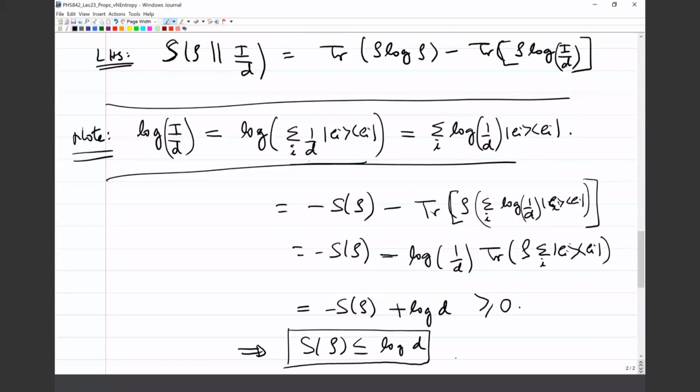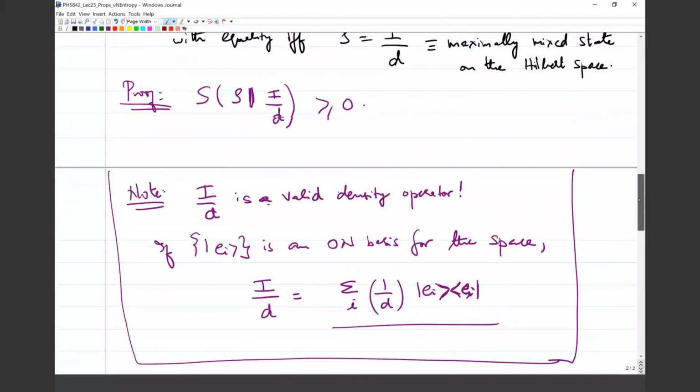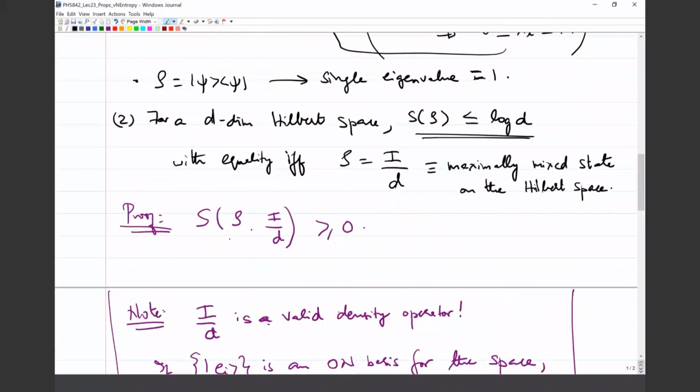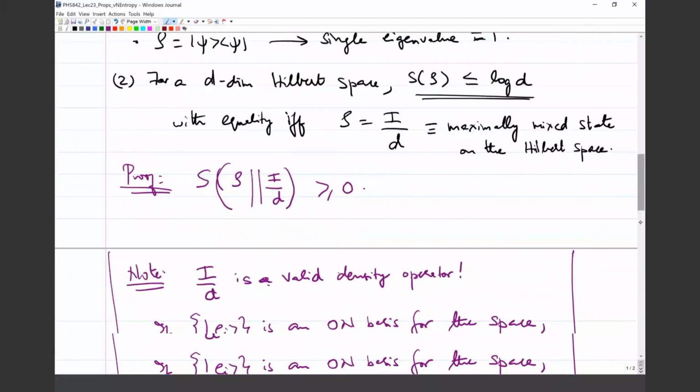So this is the argument to say that the Shannon entropy is always bounded from above by log of the dimension of the space. And in this case, equality happens when these two are equal.